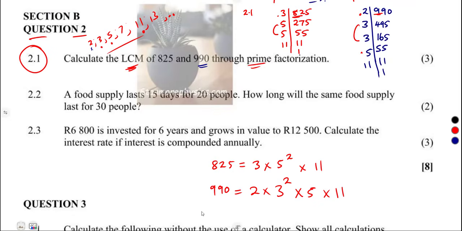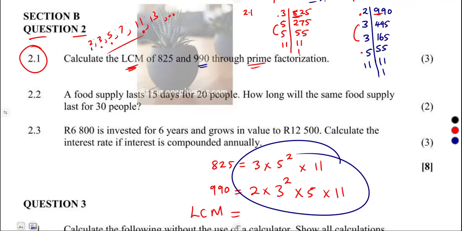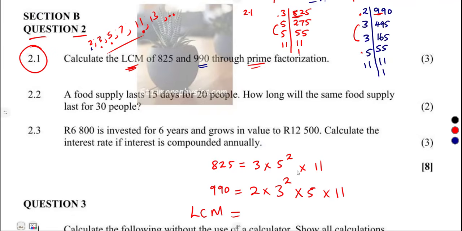What you are being asked there is to calculate the LCM, where we understand that the LCM, if you write the prime factors in exponential form as we have here, you are going to consider where you have got the highest power of all the prime factors found in both numbers.